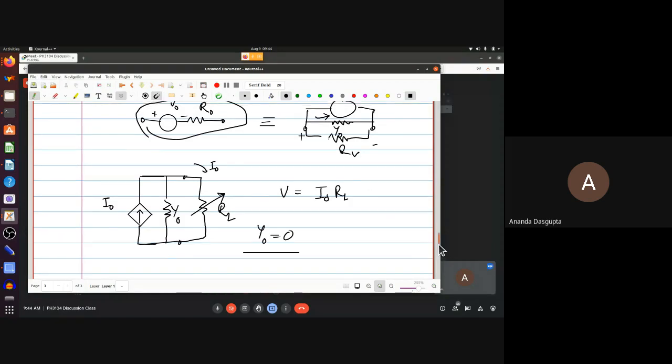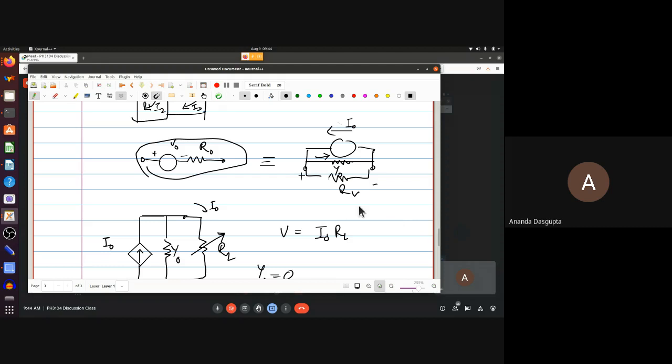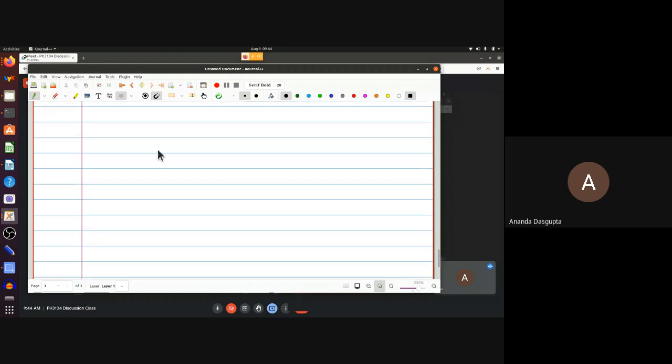Look, the important idea is real sources always have internal resistances. Real current sources always have internal admittances. You cannot do away with that. However, what makes a source a good current source? Remember, Thevenin's theorem ultimately always tells you this.